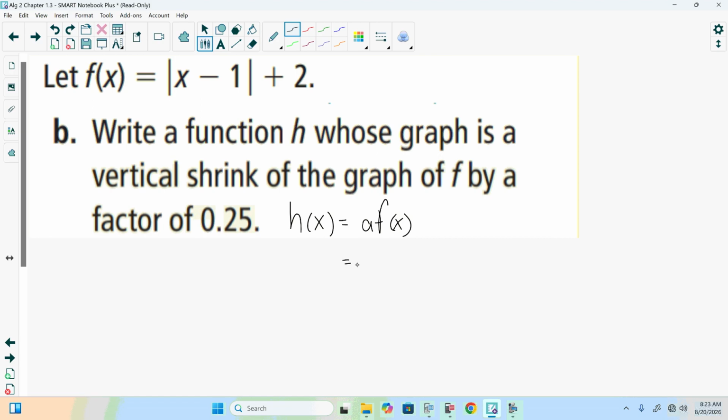Because that's just vertical shrink, yes? Vertical stretch and shrink, a is exactly what it looks like. We don't have to do anything to it. So for us here, our value of a is 0.25.